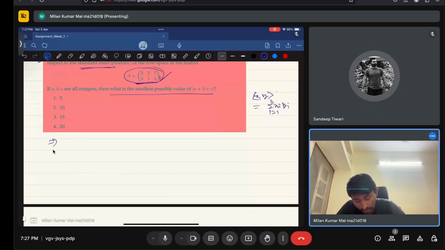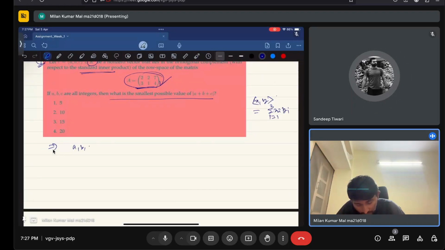Formally, (a, b, c) is a vector in R^3 in the orthogonal complement of the span of (2, 2, 7) and (3, 1, 4).